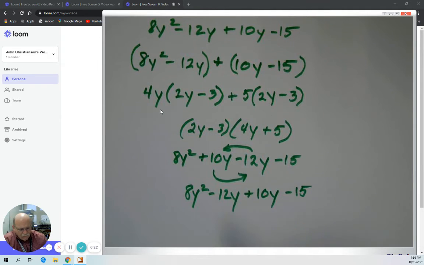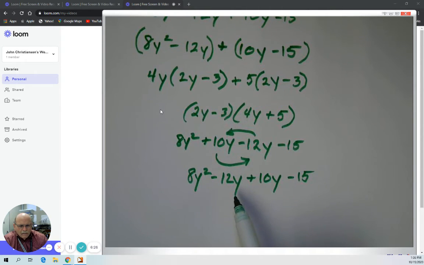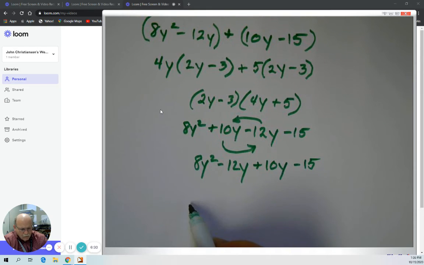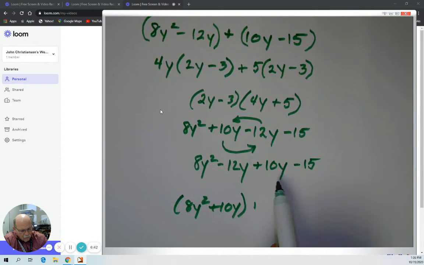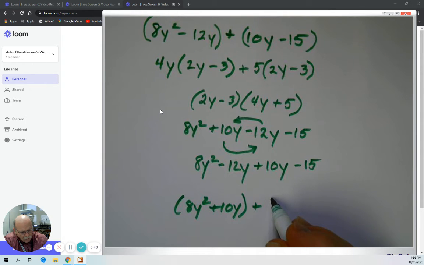Let's say, instead of negative 12y plus 10y, I had it written this way to begin with, and I grouped it that way. So let's say I grouped it this way. Now, plus, and this is going to be negative.